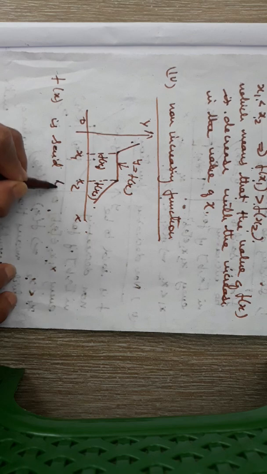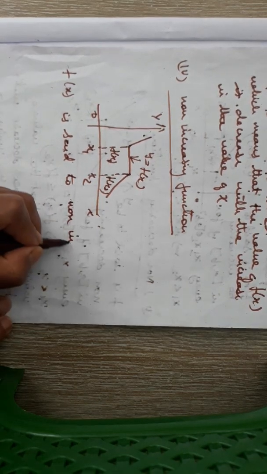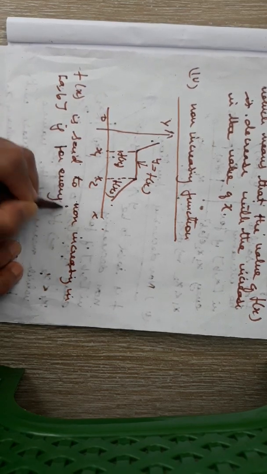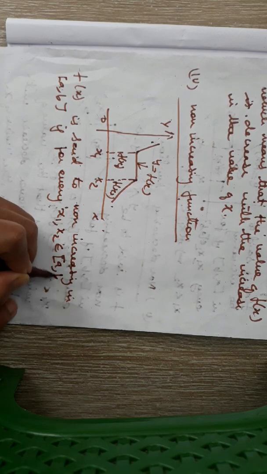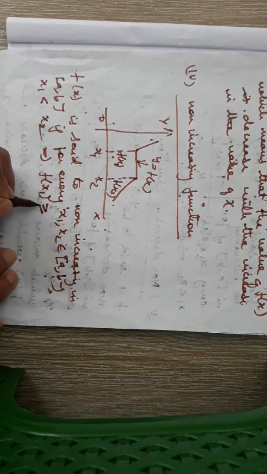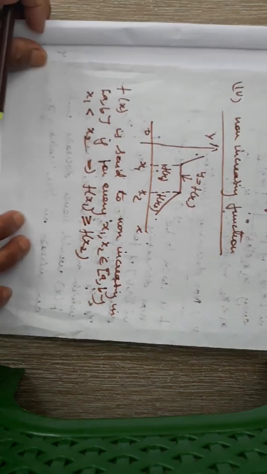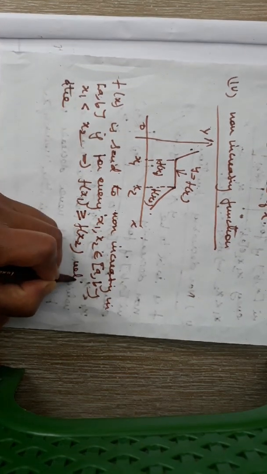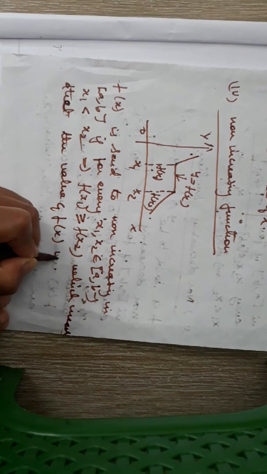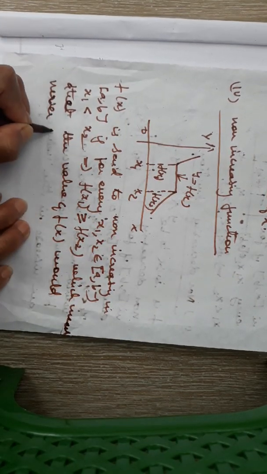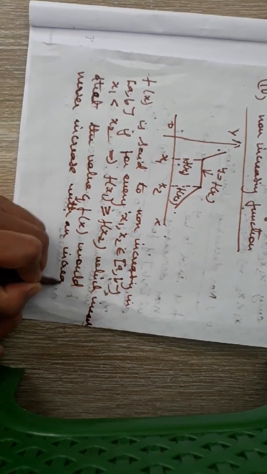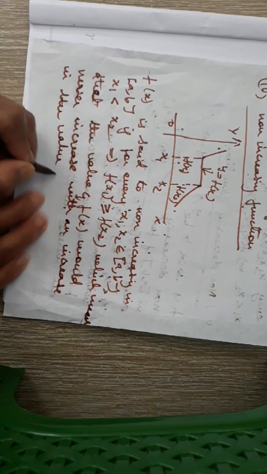So f of x is said to be non-increasing in closed interval [a, b] if for every x1, x2 belonging to [a, b], x1 here is less than x2, it implies that f of x1 here is greater than or equal to, see the equality sign is there, f of x2, which means that the value of f of x would never increase with an increase in the value of x.